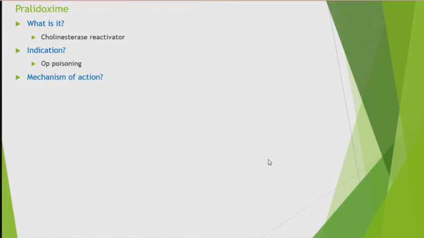So what's the difference between atropine and this drug? Atropine won't do the cholinesterase reactivation. It will just improve the symptoms of the increased cholinergic activity. It acts against the muscarinic receptor.